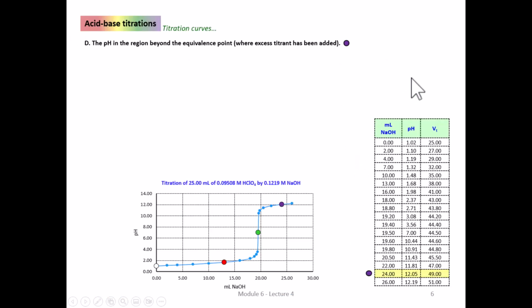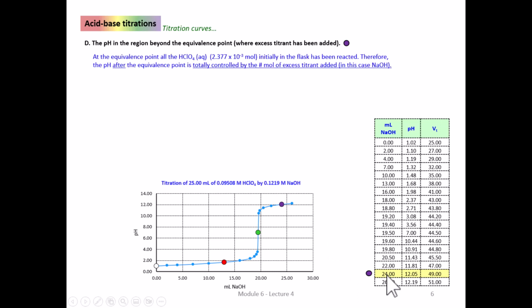Well, how about our fourth point? This is when we've continued to add sodium hydroxide beyond the equivalence point. In other words, we've reacted all of the perchloric acid or all of the hydronium ions that were initially in the flask. So after the equivalence point, the original acid here has nothing to say about the pH.